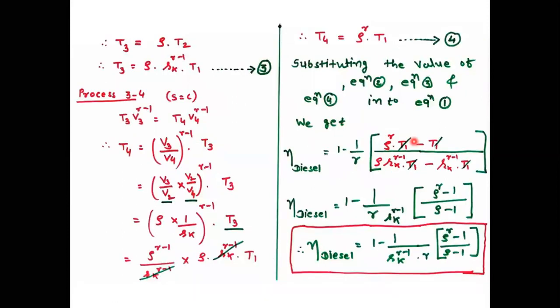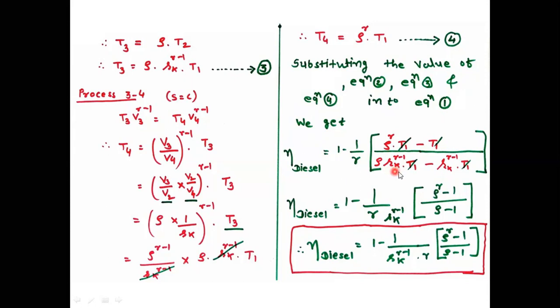T4 is this, rho raised to gamma into T1, minus T1. This is the value of T3 and this is the value of T1. So T1 gets cancelled out from all the steps. The remaining portion is rho raised to gamma minus 1 on the upper side, 1 upon gamma in bracket, rho raised to gamma minus 1 as it is.